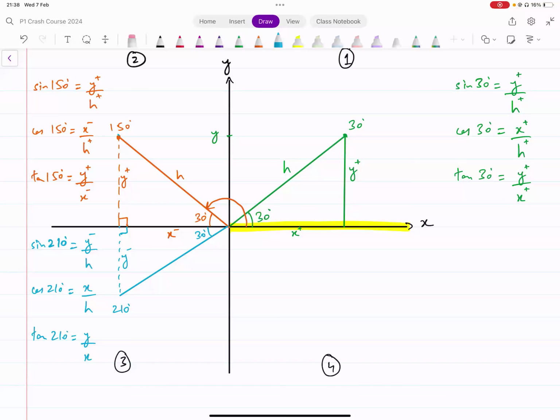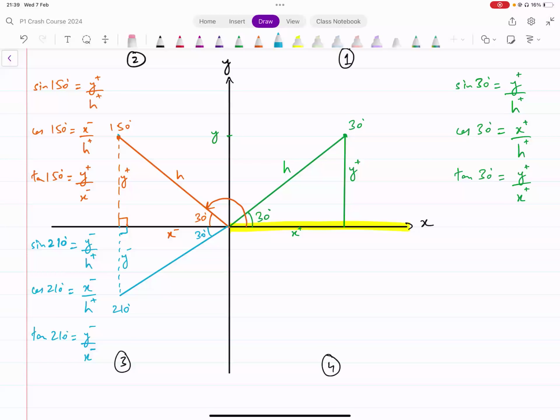So that means sine is negative because of the y being negative. Cos is negative because of the x being negative. However, tan is positive because both x and y are negative. So negative and negative, they get cancelled out and you have a positive result. So in the third quadrant, we understand that the values of sine and cos are going to be negative and the value of tan is going to be positive.